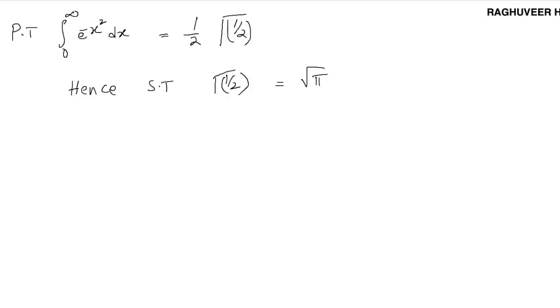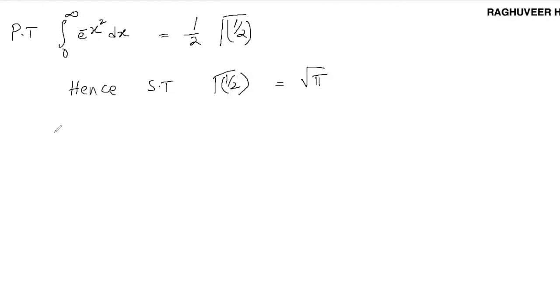Now let us solve this problem. We have to prove that the integral 0 to infinity e to the power of minus x square dx is half of the gamma function of 1 by 2, and we have to show that gamma 1 by 2 is root pi.